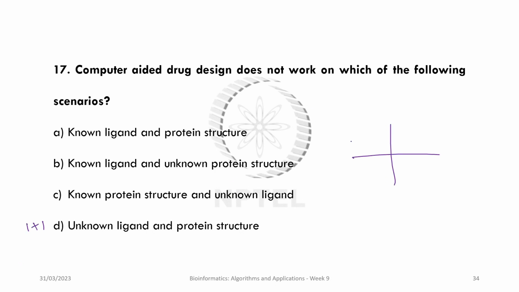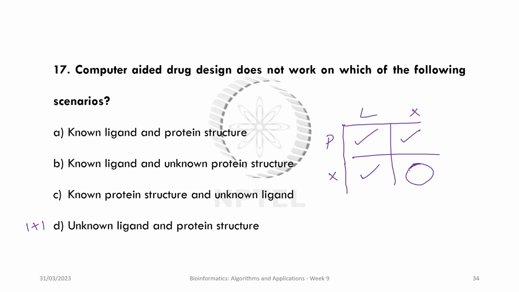Obviously, when you have both ligand and protein known, it is very easy to do. When the ligand is unknown but the protein is known, it's still possible. Protein is unknown, ligand is known, that's also fine. But when you don't have protein and ligand, it's not impossible, but it's not the same thing to do, right?